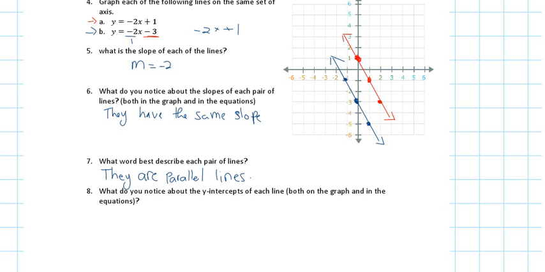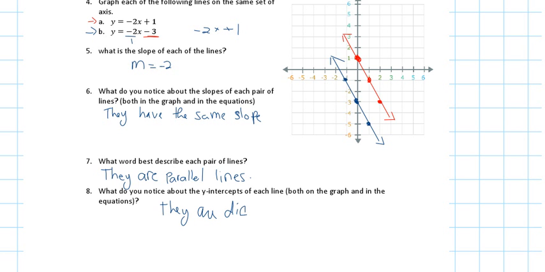They're the same line, right? It's the same equation, the same line. So the y-intercepts of these lines are different, they're not the same. If they have the same y-intercept and the same slope, then we know that they're going to be the same. They're going to overlap.